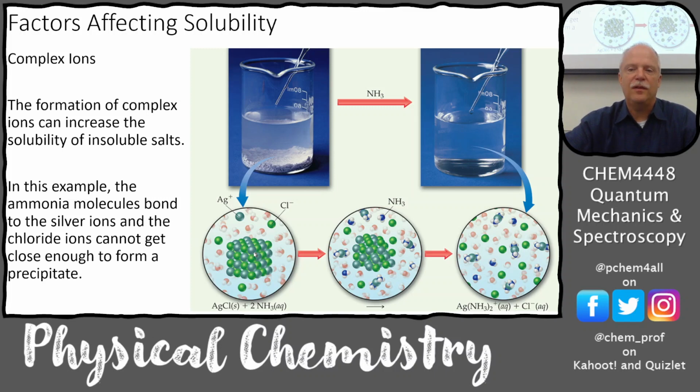Sometimes you can have what we call coordination complexes. So here we have silver chloride in solution, a nice beautiful crystalline substance. You've got very few, but some, silver ions and chloride ions in solution.